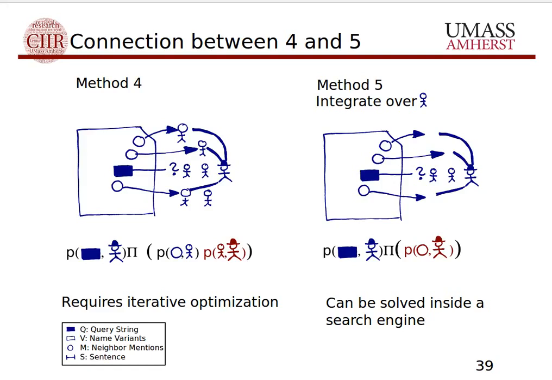It falls down to a much simpler, similar equation. These two factors, from the string to the neighboring entity, and the neighboring entity to the target entity, are just summarized as one factor. The advantage is that this is such an easy equation compared to that one that it cannot just be solved analytically, but it can even be solved with a standard search engine.